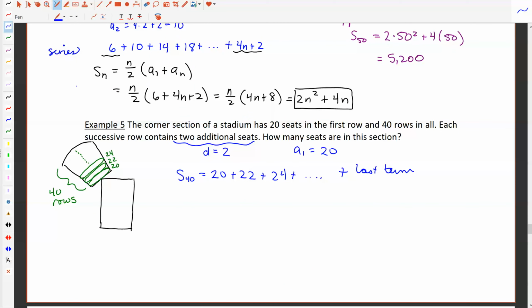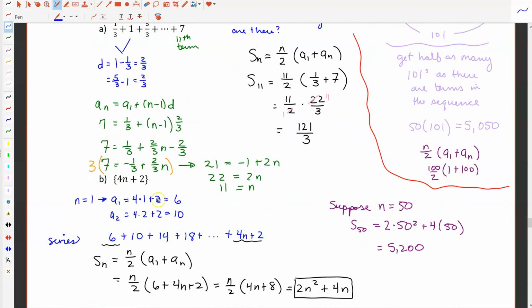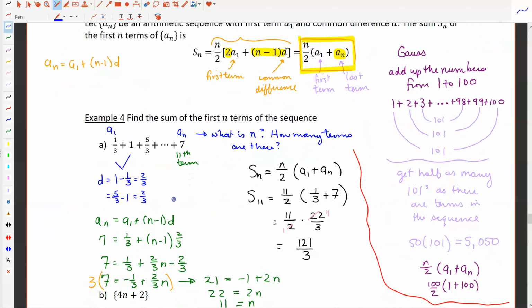So there's a couple different ways that you could answer this question. One is, if you want to find this sum, you can use the version of the sum formula that doesn't need the last term. Let's go back up to these possible sum formulas.